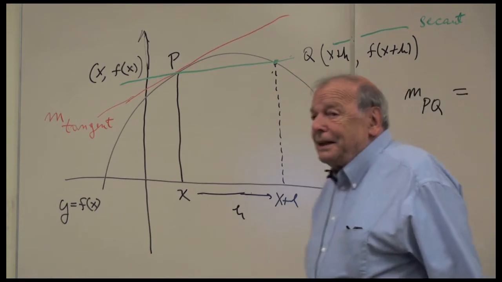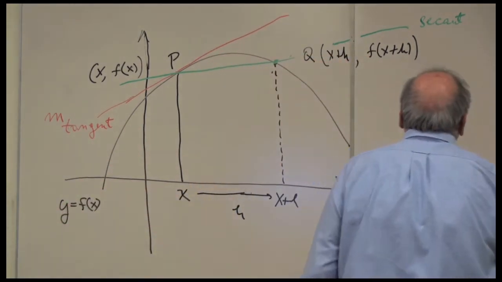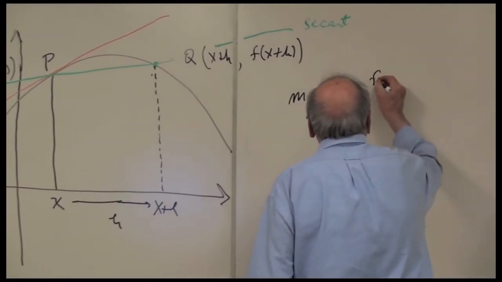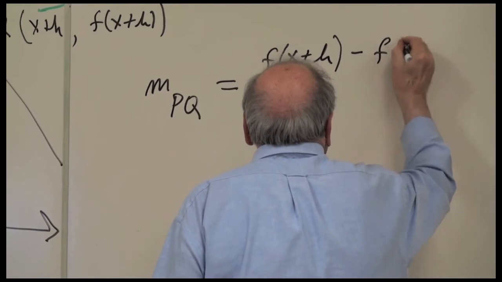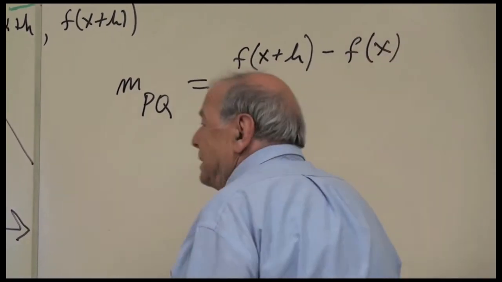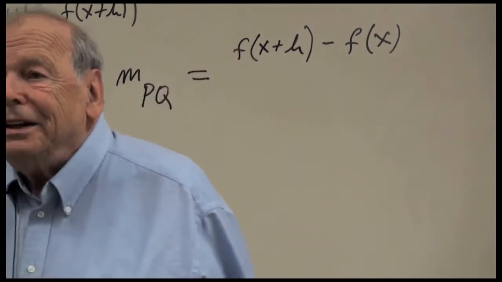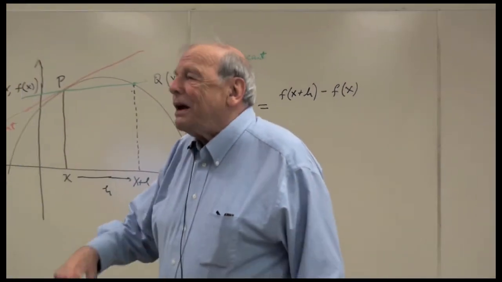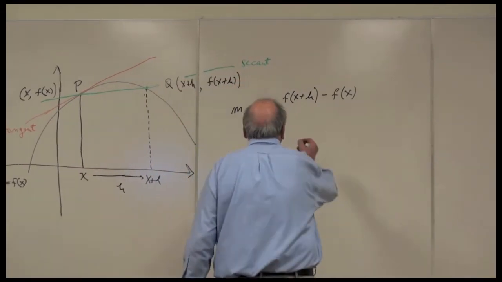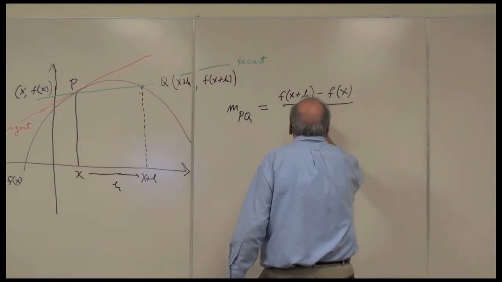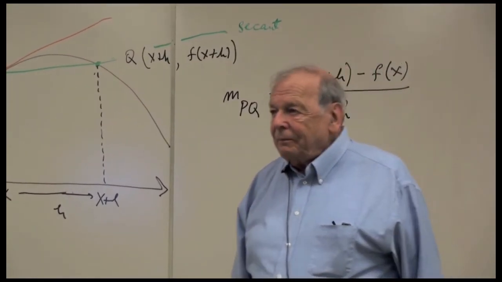Well, the slope of a line is the difference in the y-coordinates over the difference in the x-coordinates. So that's f of x plus h minus f of x. That's the difference in the y's. And what is the difference in the x's? I'm not going to write x plus h minus x, because I can do that in my head. And the answer is h. So that's the slope of the secant lines.